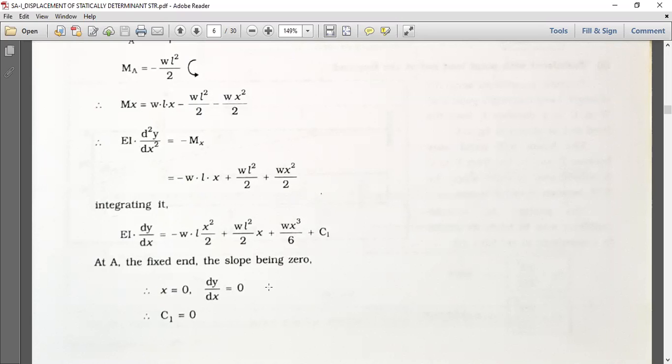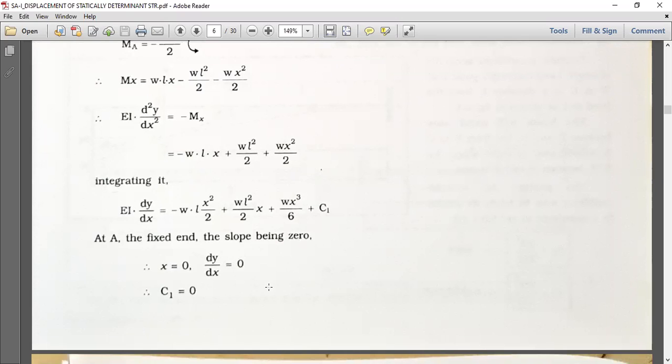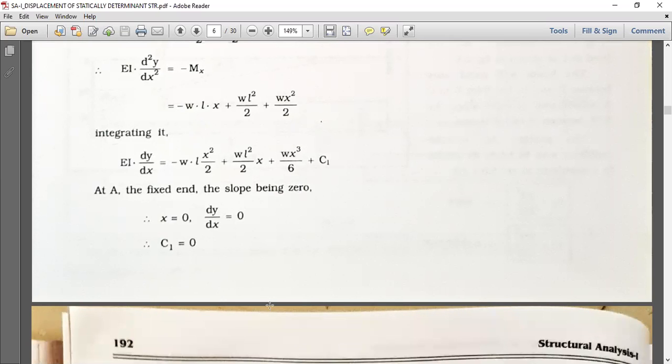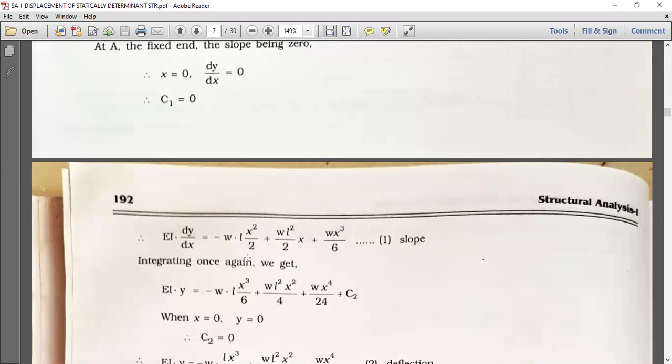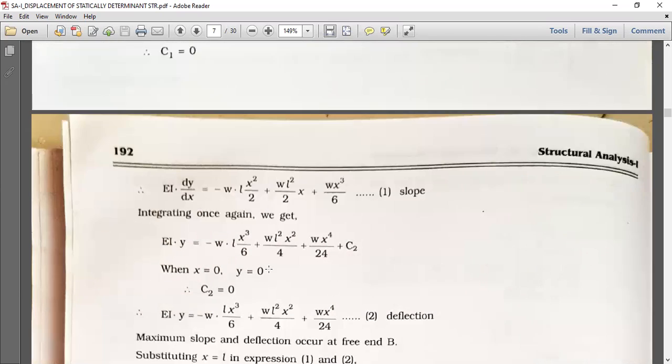For the first time, at A, the fixed end, the slope being 0, x is equal to 0, dy by dx is equal to 0, so we have C1 is equal to 0. Now again integrate it. EI into y is equal to minus W into L x cube by 6 plus W L square x square by 4 minus W x raised to 4 divided by 24 plus C2.